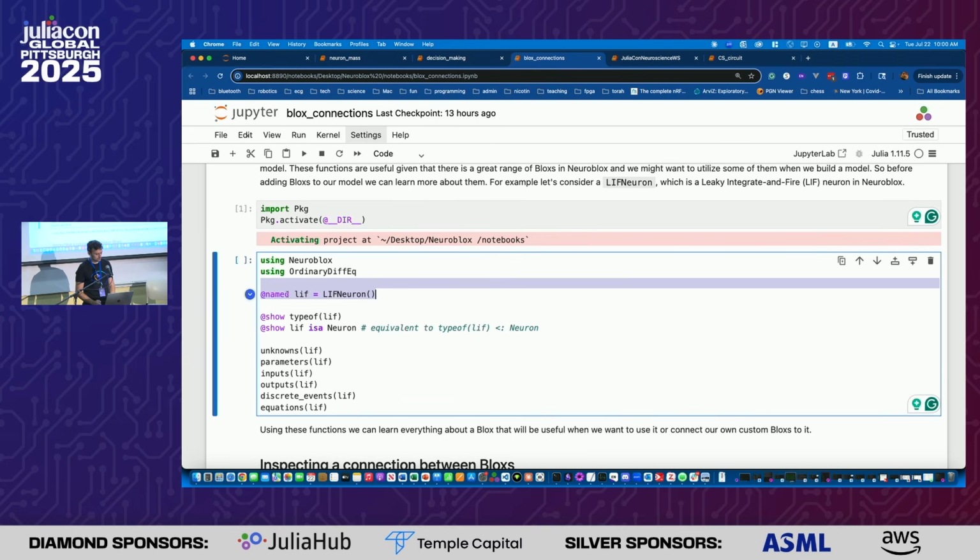This named macro is the same as if I had just written LIF equals LIF neuron name equals LIF. It's just a convenience macro, because every object in Neuroblox has to have a name associated with it so that the symbolic system can track which LIF neuron you're talking about in the system.